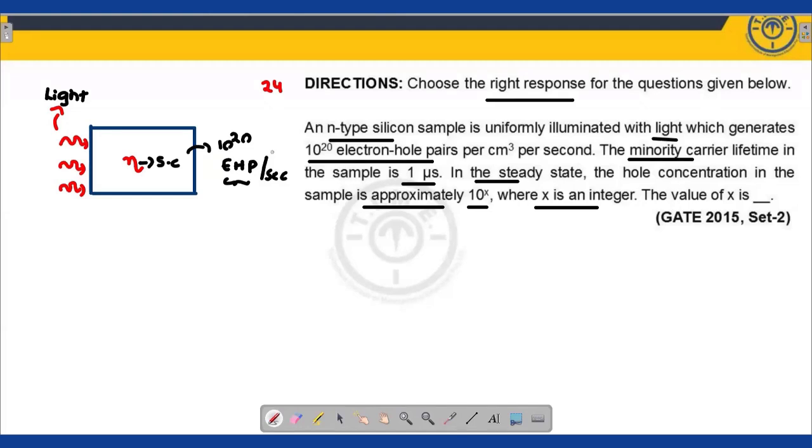Very important, as I told you in the basic concepts, is the generation rate formula.